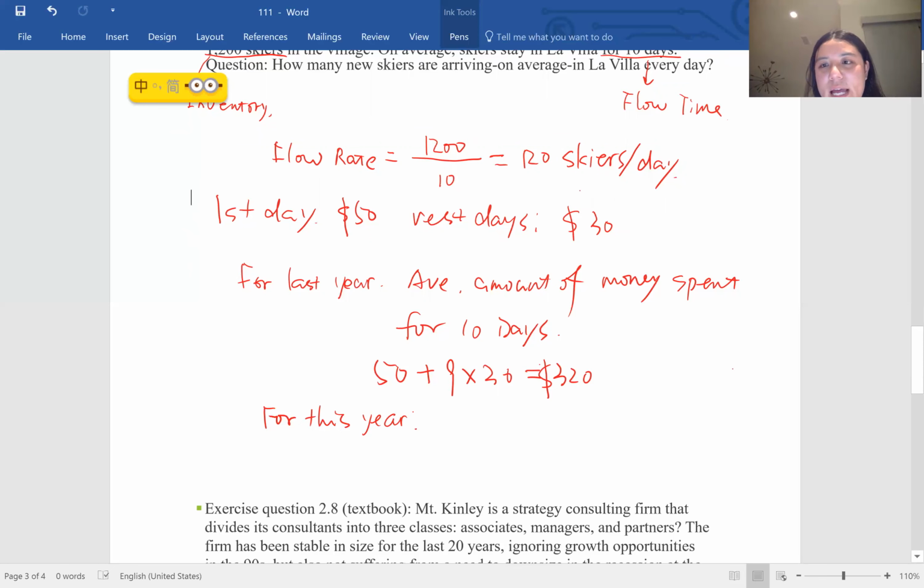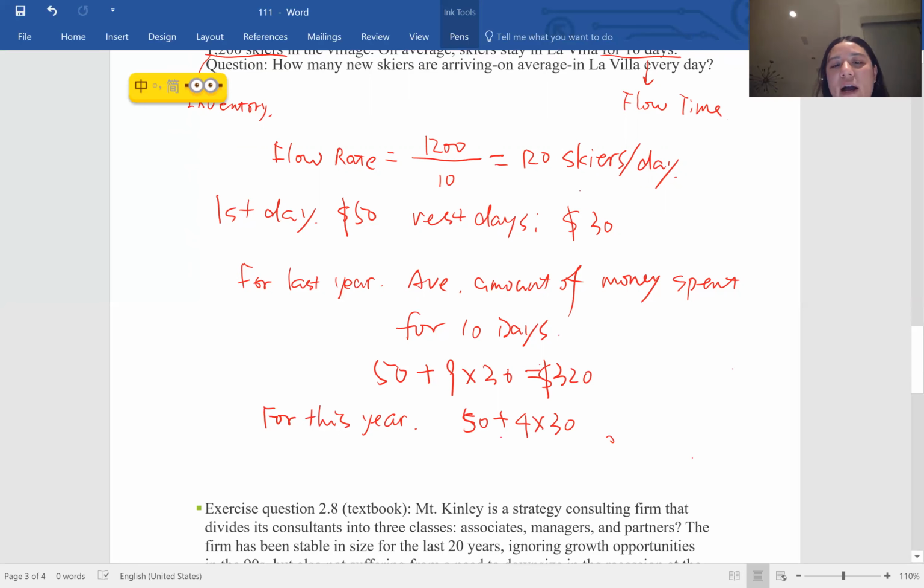So for this year, because the average stay is only 5 days, on the first day they also spent $50, but we only have 4 days left times $30 per day.